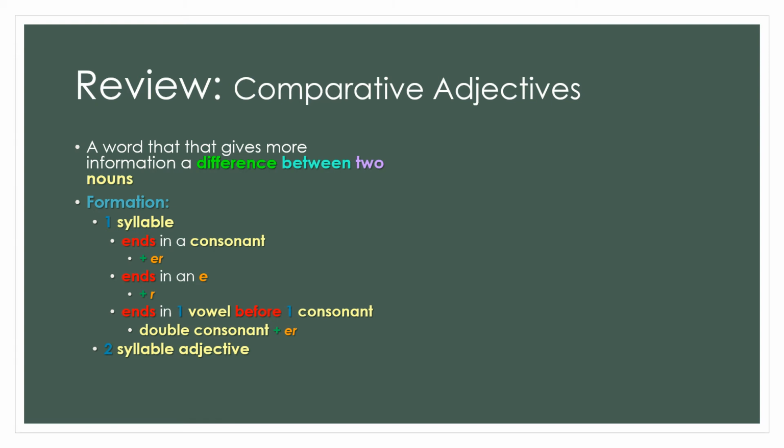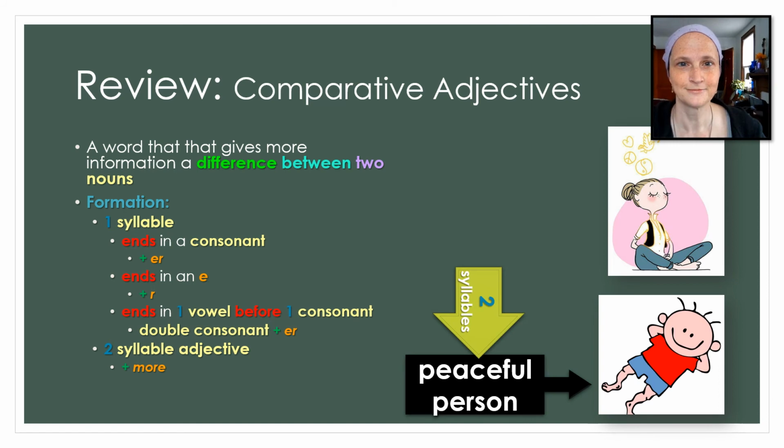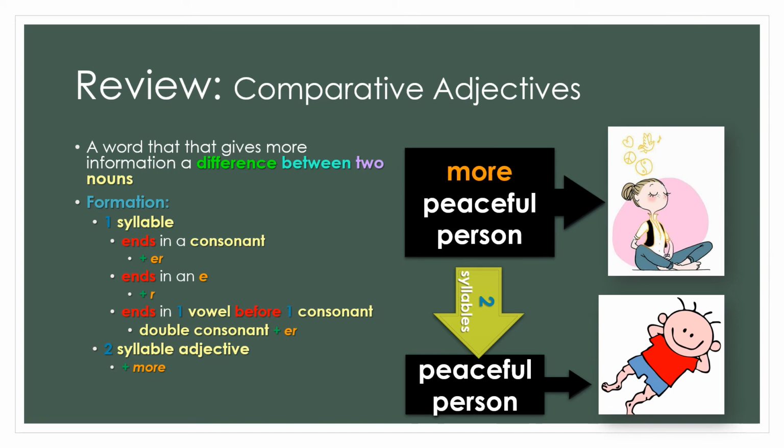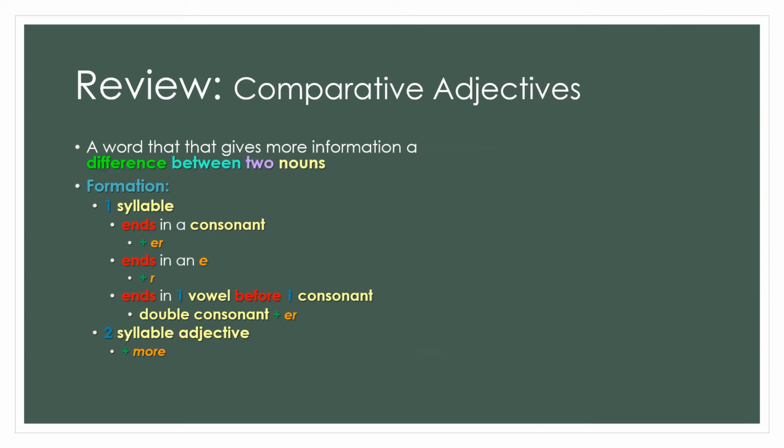If you have a two-syllable adjective, you usually add the word more before that adjective. Peaceful, two syllables, more peaceful. If you have a two-syllable adjective ending in the letter Y, you subtract the Y and add the letters IER.